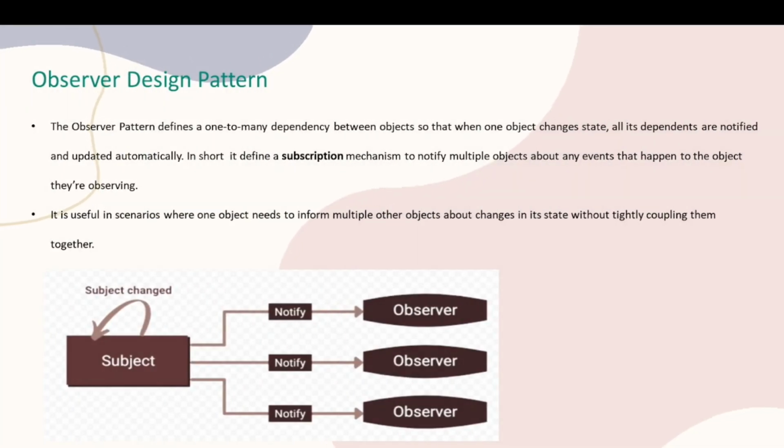The last pattern we are going to discuss in this video is the observer design pattern. If you want a one-to-many dependency between objects, we can use the observer design pattern. When one object changes its state, the dependent objects are notified automatically.